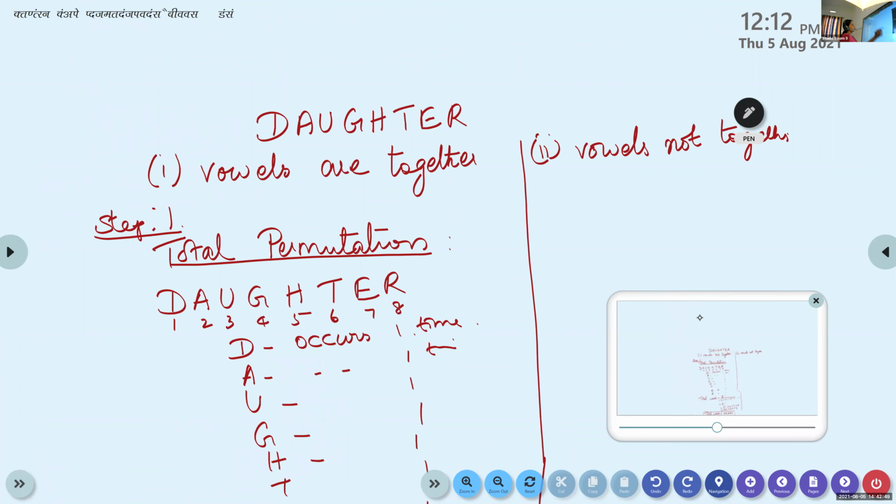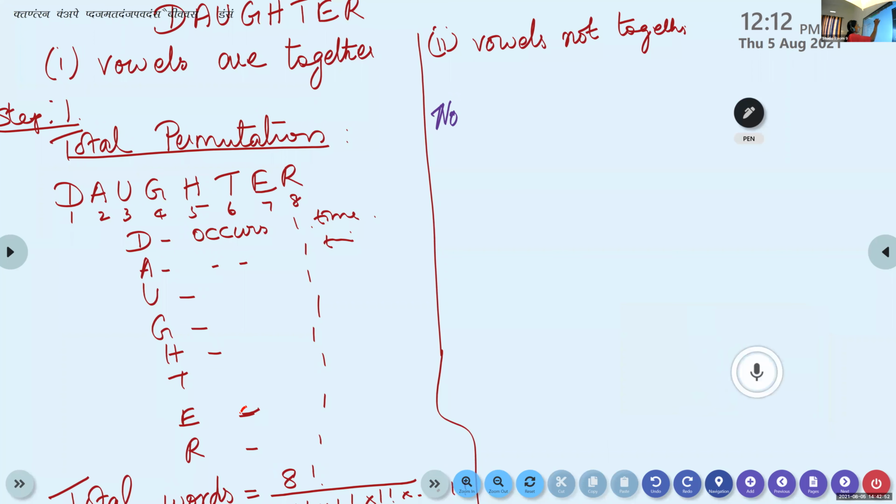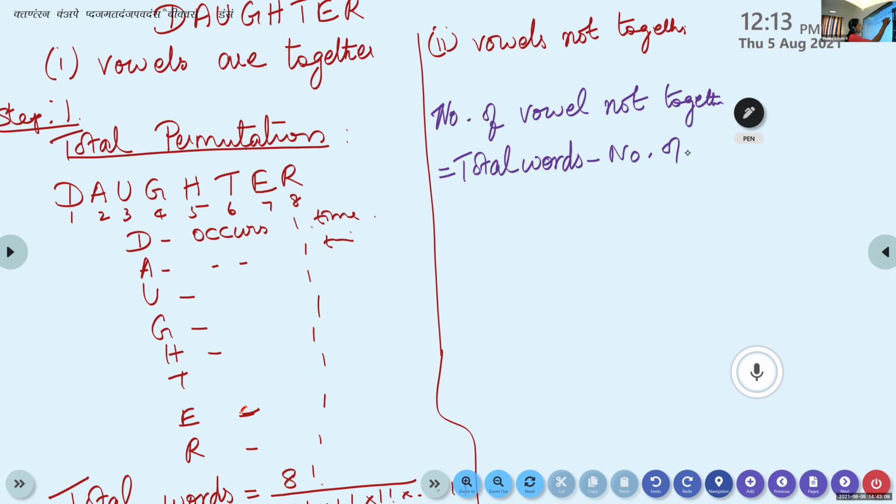The number of words with vowels not together is equal to the total number of words minus the number of words with vowels together.